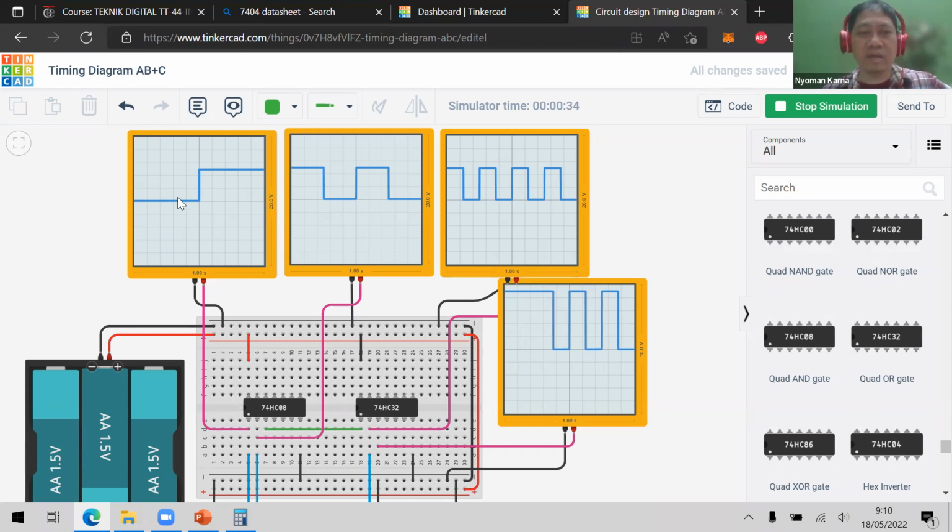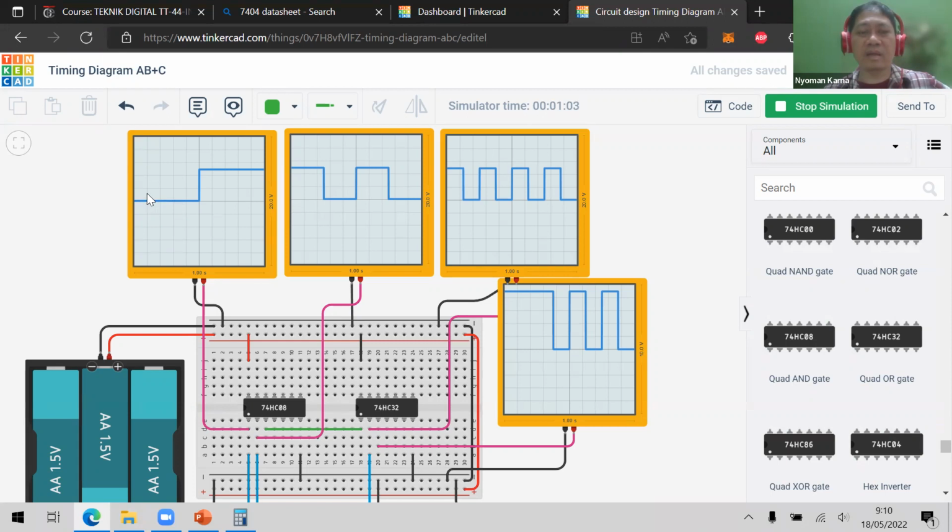For example, this is supposed to be 0, 0, 1, 1. This one is 1, 1, 0, 0, 1, 1, 0, 0. And this is 1, 0, 1, 0, 1, 0. And the output is supposed to be 0 times 1, AB, plus C. The output is 1. Okay, that's correct.